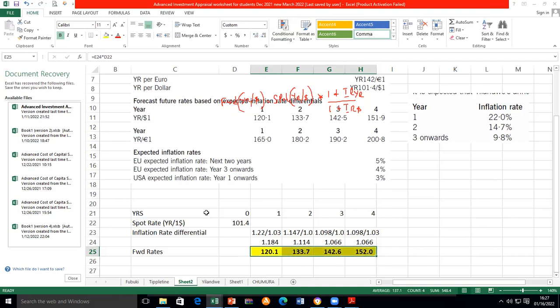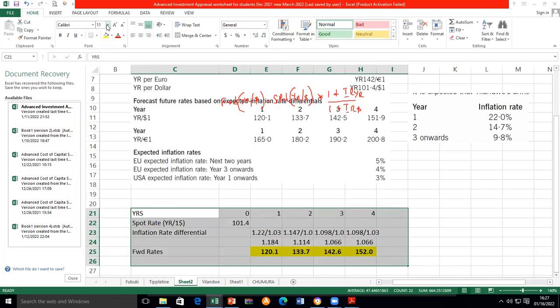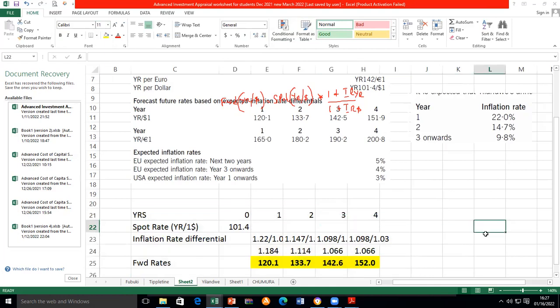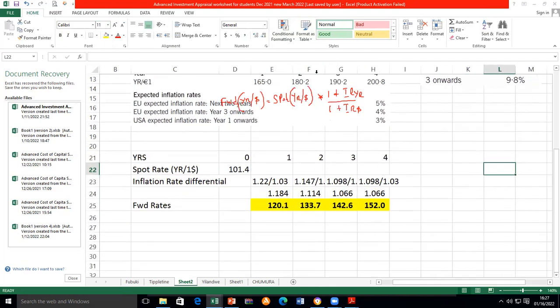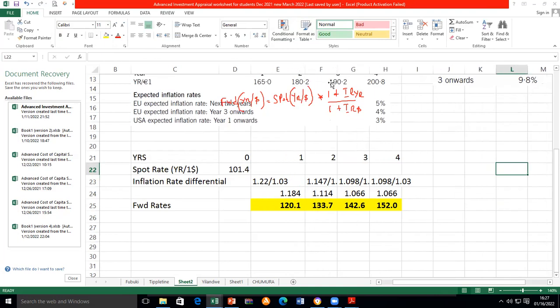Have you seen how the rates were estimated? Yes.